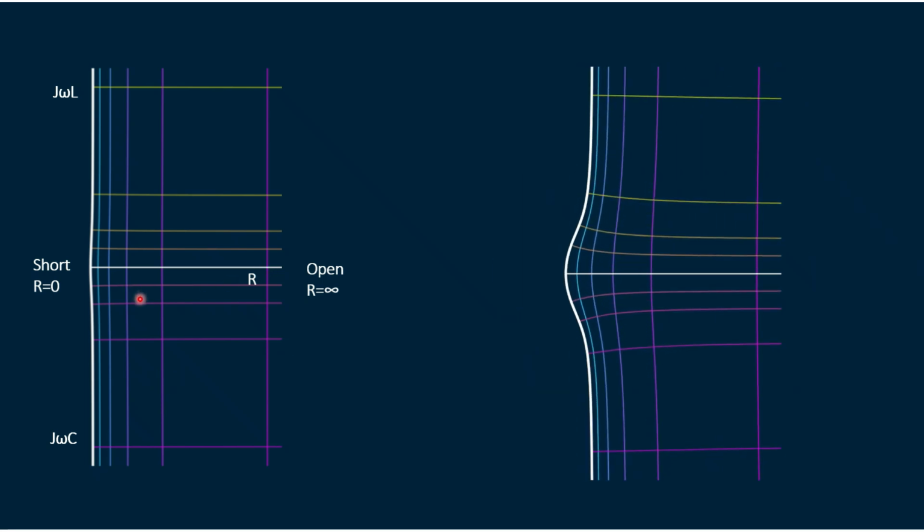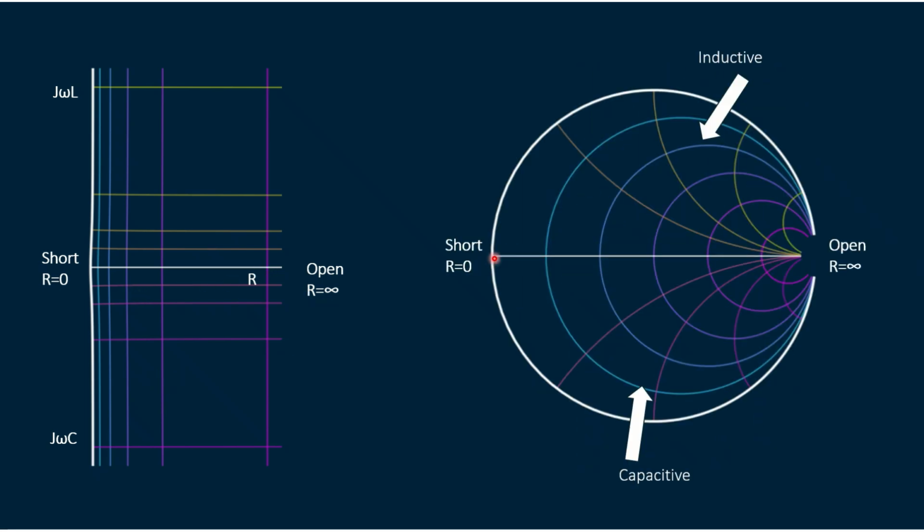We can easily identify that this is our short, and at the far end of this constant resistance axis will be our open. The top of the Smith chart is inductive and the bottom will be the capacitive part. So this is how the Smith chart is formed, which is described in part 2.